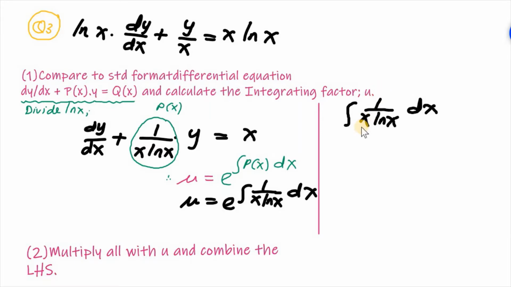You cannot put the x in front, definitely cannot, because x is a variable. Only if we have a constant can you put it up front. So here we need to recall the lesson that we had earlier. Maybe we can use a simple u substitution.